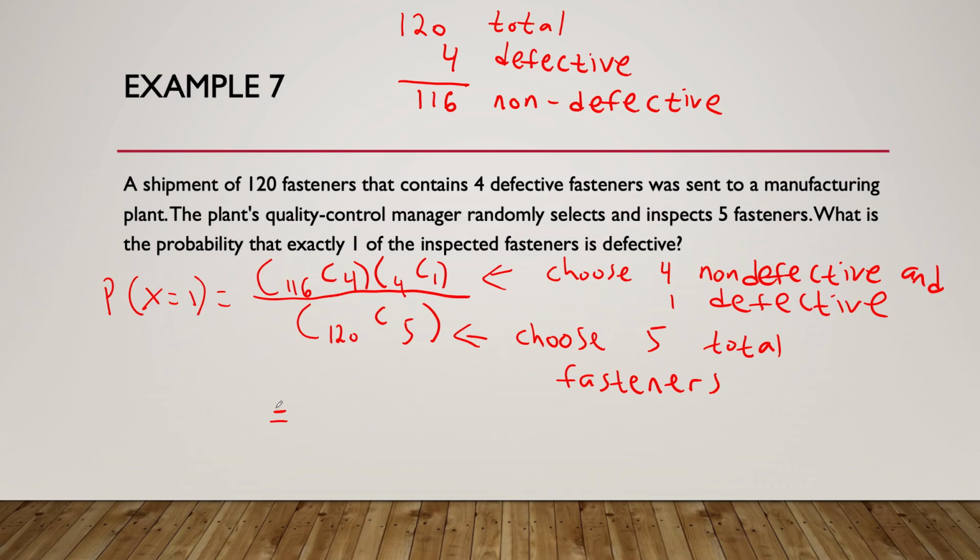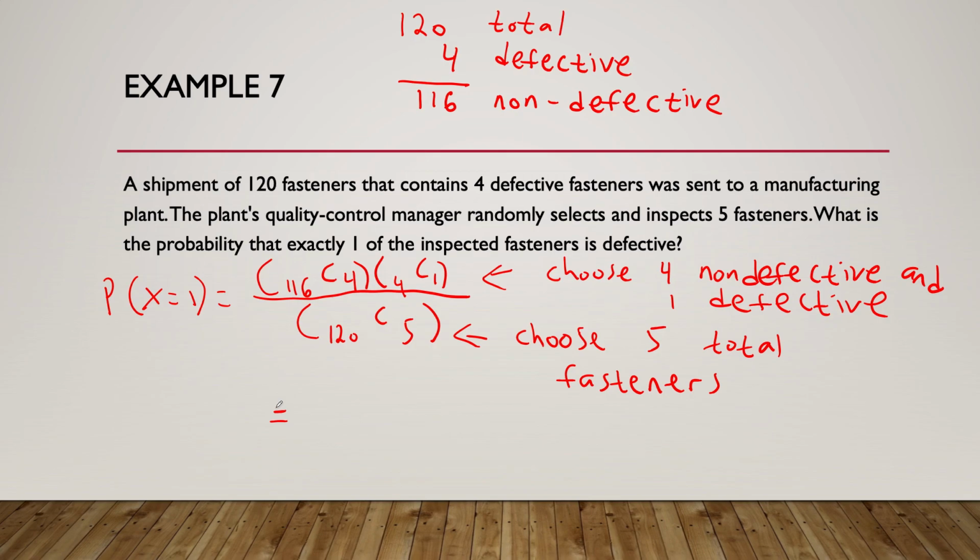Just bear with me for 1 second as I go through that part of it. But we have that 116, and we want to choose 4 of them, times the 4 defective fasteners, and we want to choose one of those, and we are dividing that by the total of 120 fasteners, and we want to choose a total of 5 fasteners from that.